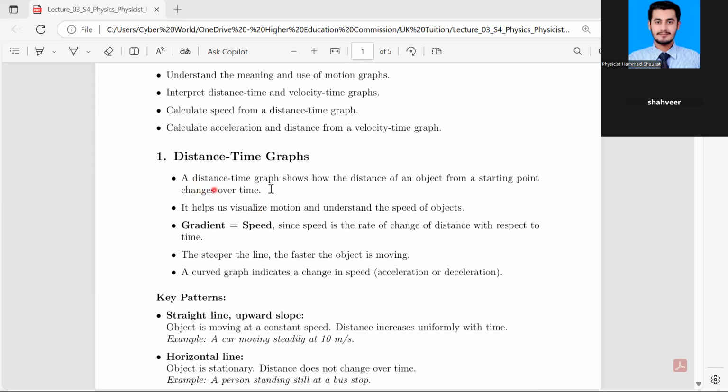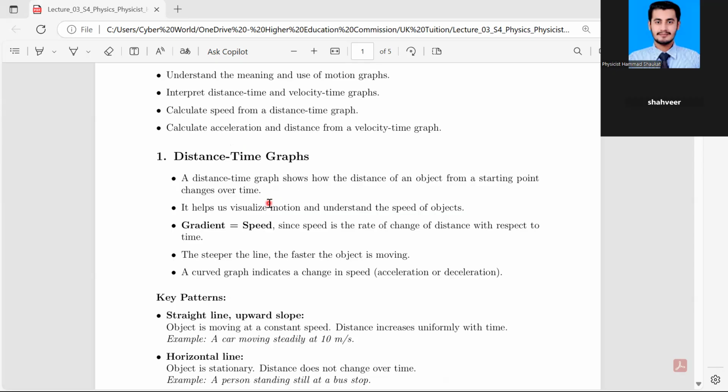Whenever your body covers some distance, it must use some sort of time. So the distance with time graph is called the distance time graph. Understood?